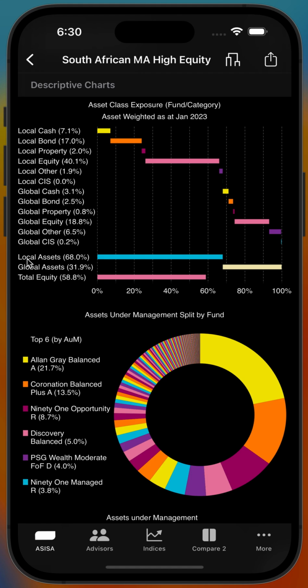Then what I do is aggregate the local assets to give you an idea, and you can see the percentages here: 7.1% local cash, 17% local bonds, 2% local property, etc. The addition of all the local components is 68%, which leaves the balance, and it doesn't quite tie up to 100%.